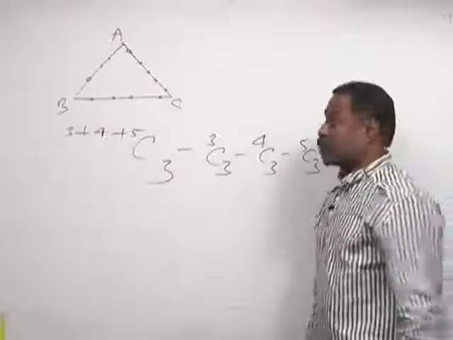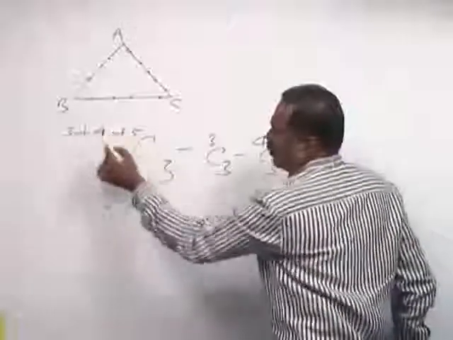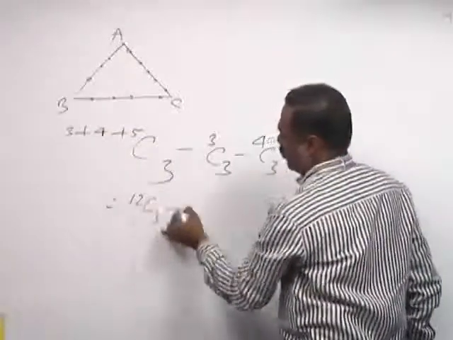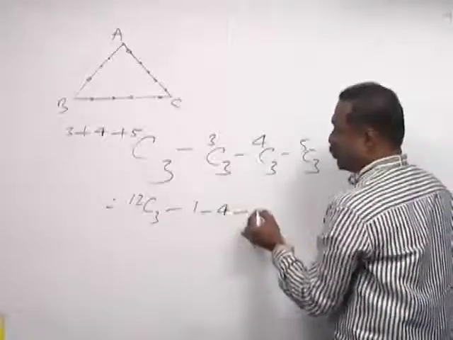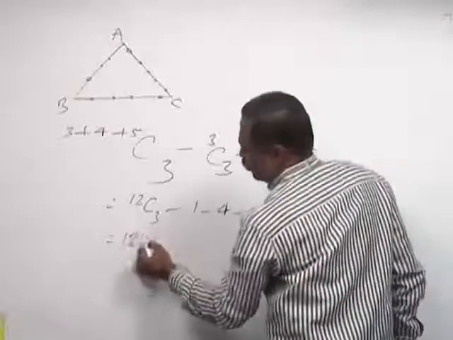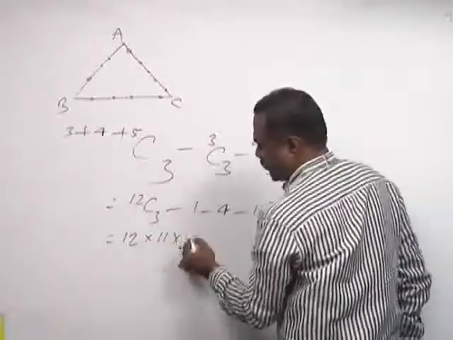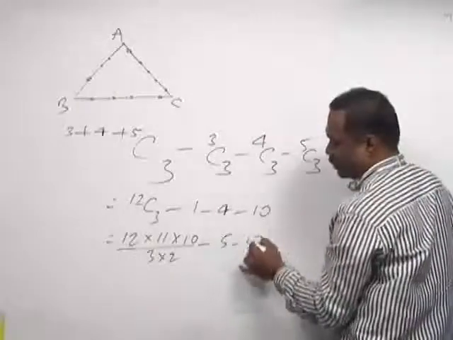So if you simplify this, it is 12C3 minus 1 minus 4C3, which is 4, minus 5C3, which is another 5C2. 5C2 is nothing but 10. So 12C3 is nothing but 12 into 11 into 10 upon 3 into 2, minus 1, minus 4, minus 10.